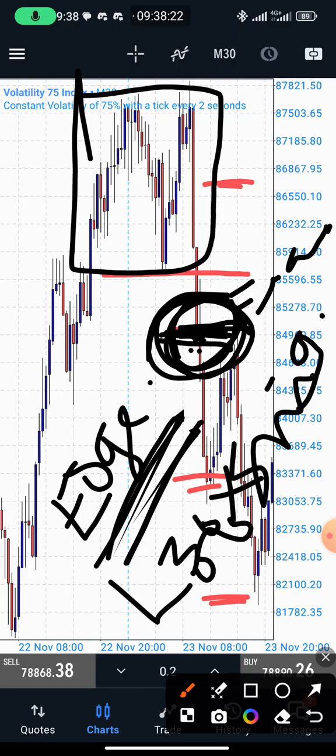The only reason you should enter a trade is because you have an edge. Anywhere you enter, it's random. You can't be right or wrong. Don't enter a trade because you think it's going to be right, or wrong, or that it's going to hit stop loss. The only reason to enter a trade should be because you have an edge in that trade.